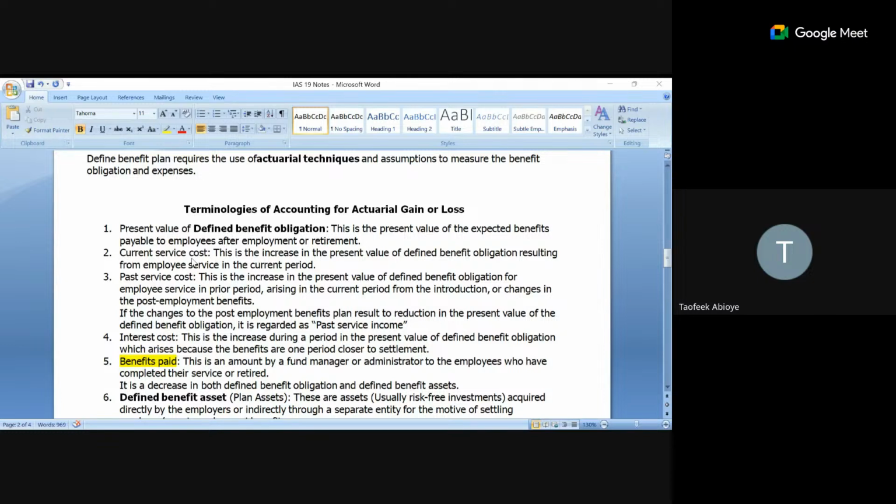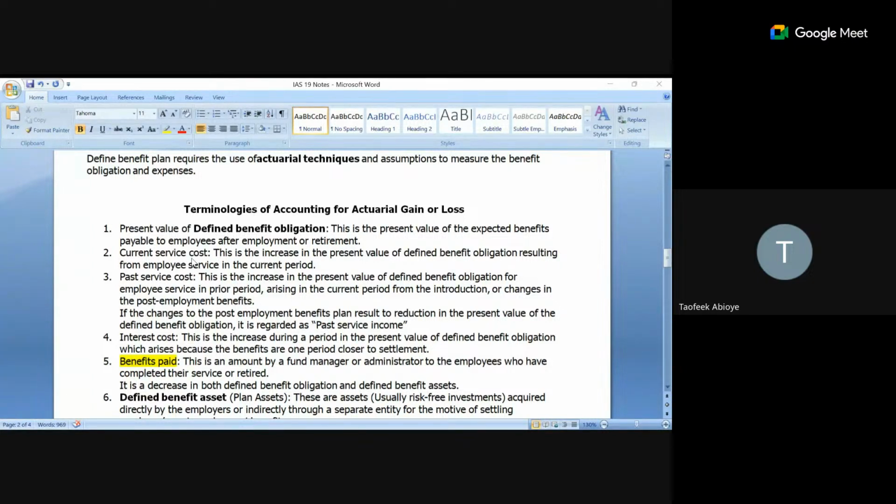Now, we now have benefit paid. Benefit paid. You see that I highlight it. Benefit paid is the amount paid by the fund manager or administrator or the organization to the employee that have completed their service or retirement. If you remember very well, if there are like 20 people in an organization, all of us cannot retire at the same time.